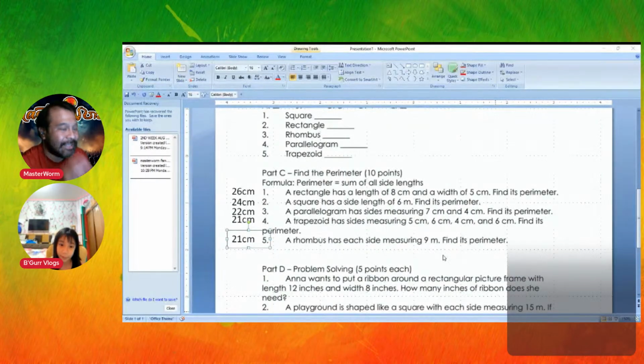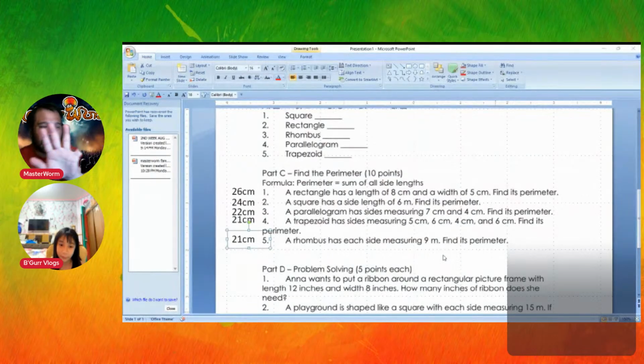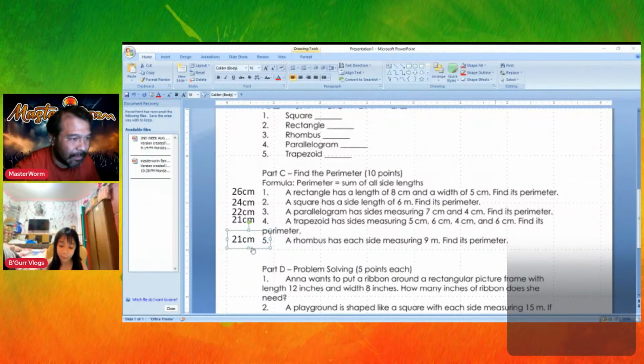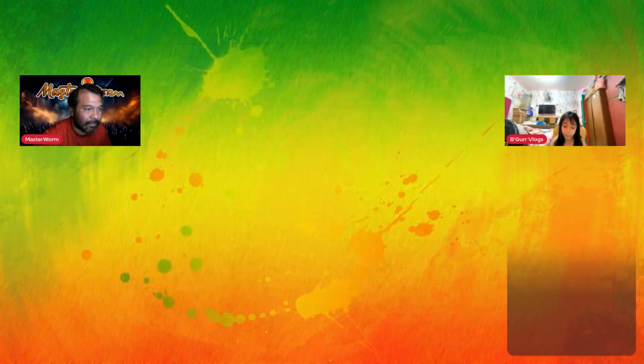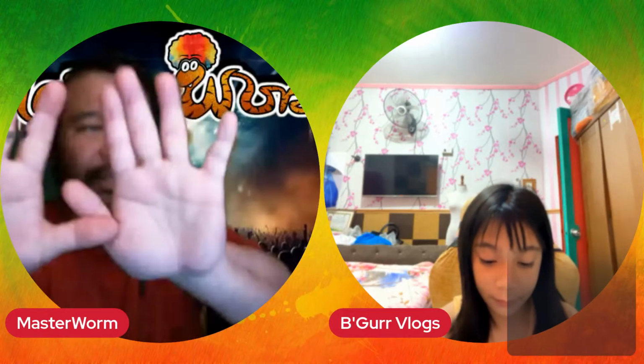Okay, 9. This is only good for nines. So you hold your finger like this. And let me change the... Let me do this first. Let me make it square. Okay, here. So this is your finger.